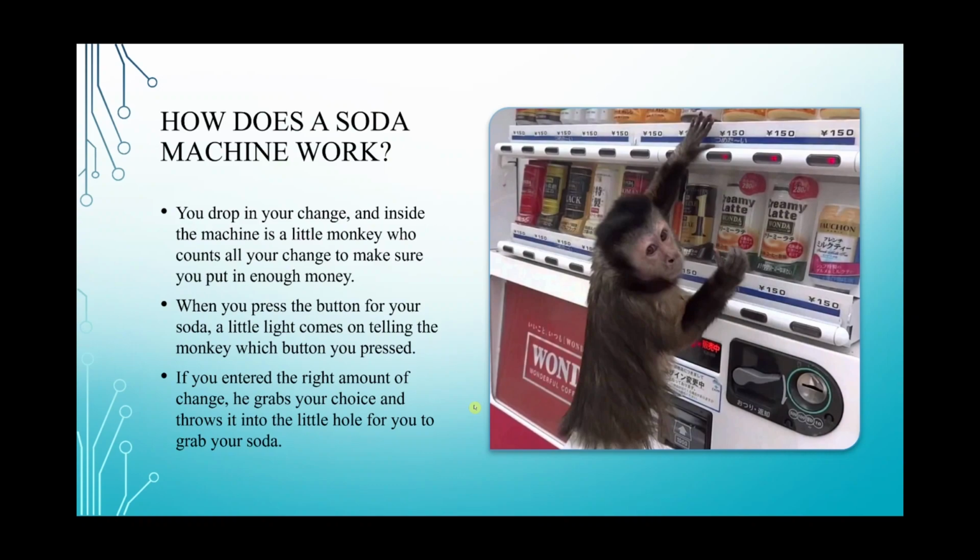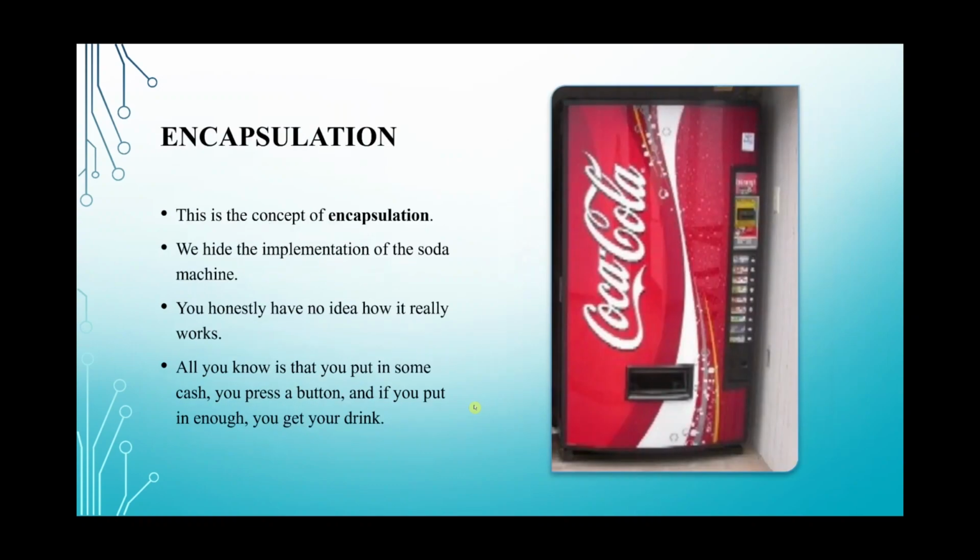Now, we don't know what's going on inside of this machine, right? You just dropped some coins. The machine did everything. If you dropped enough coins, then the machine drops your drink in here, right?